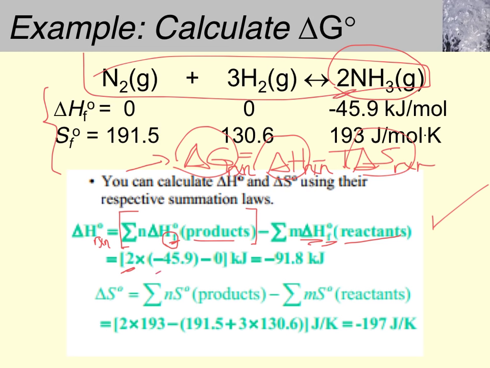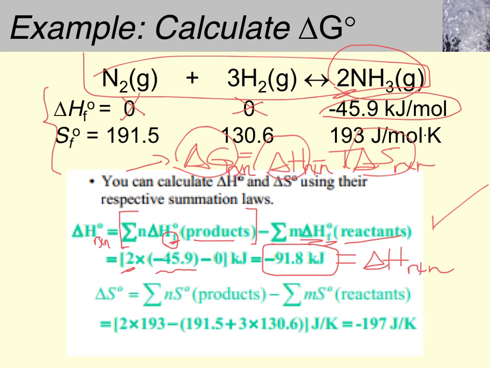The heat of formation value for ammonia is minus 45.9 kilojoules. Yay for heat of formation being 0 for elements. We just leave those out. And so our heat of reaction is minus 91.8 kilojoules.